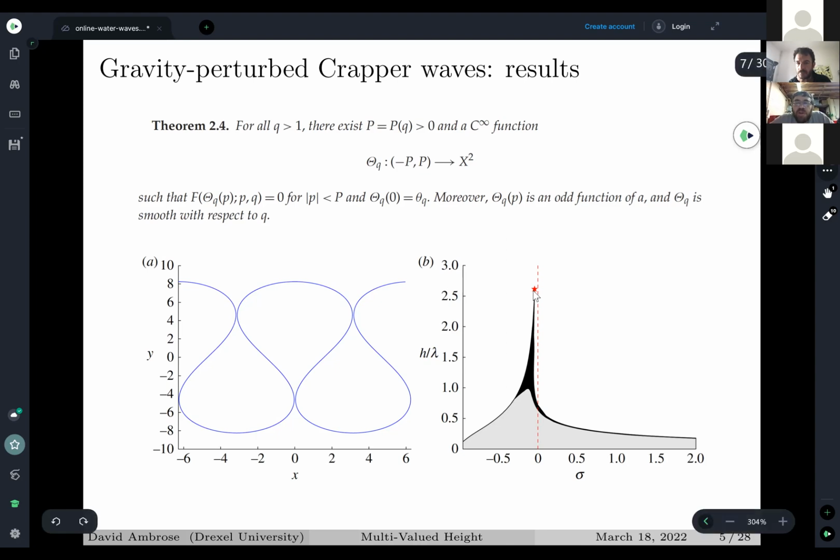It's marked with a star here on this figure on the right, and this is the graph of it on the left. This highest wave actually has additional symmetry. It's not just odd. It has an additional reflection, kind of reflection shift symmetry.